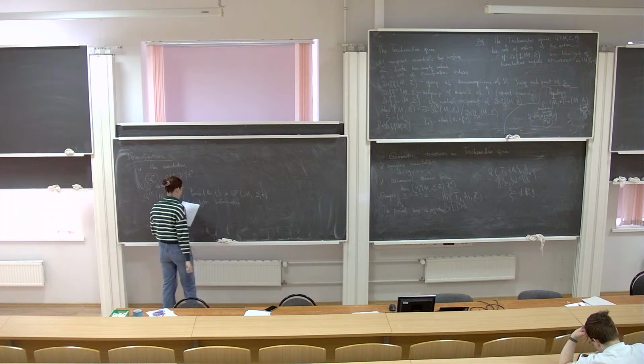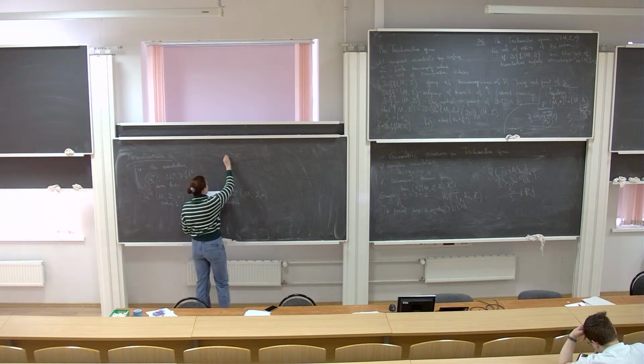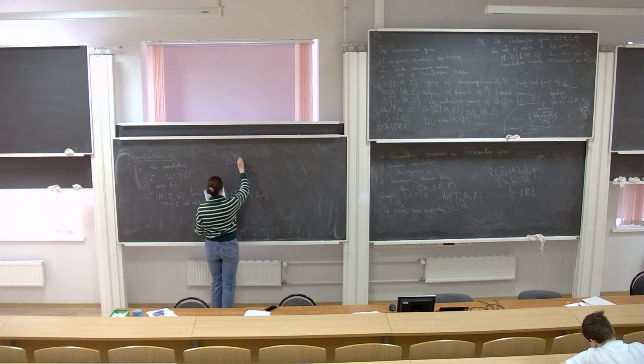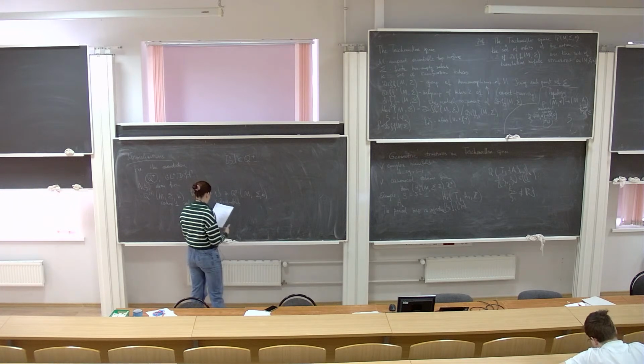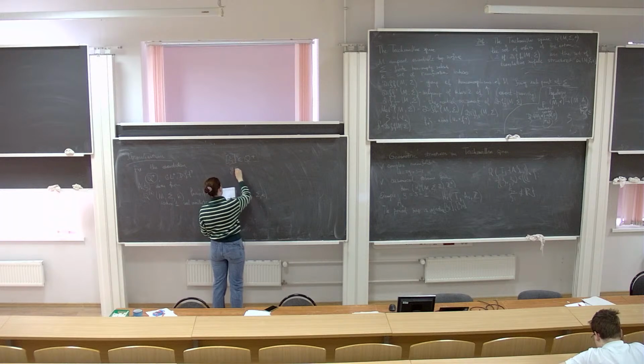So now what's going on if we switch to volumes? We consider once again a chart that identifies a set in our Teichmüller space, and then we consider a matrix.